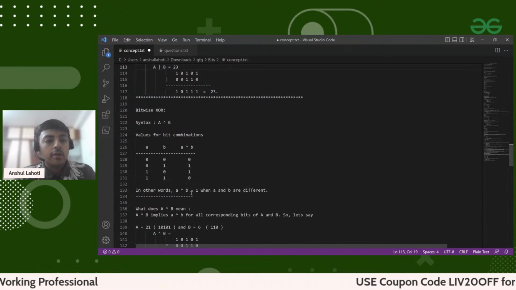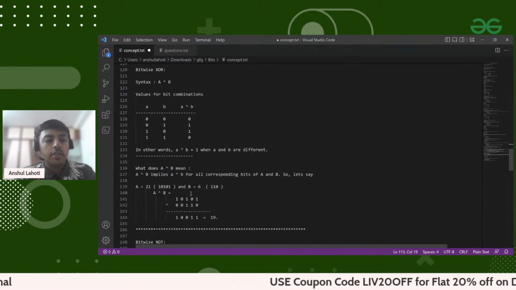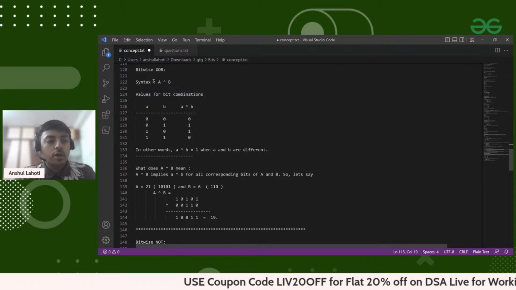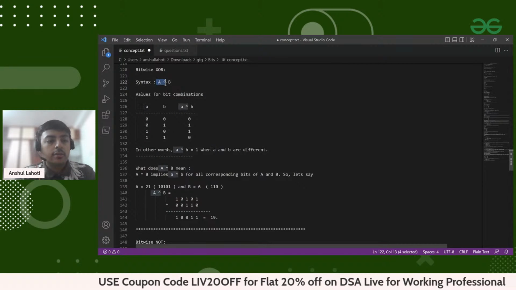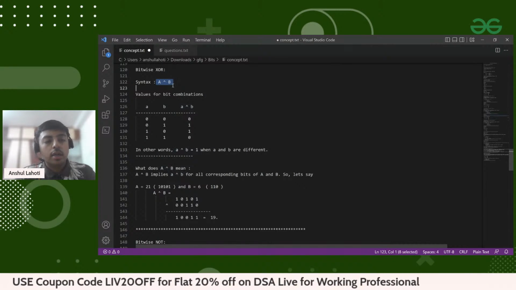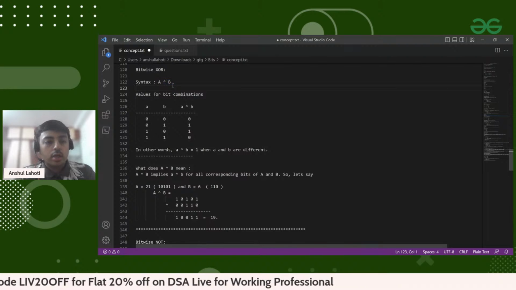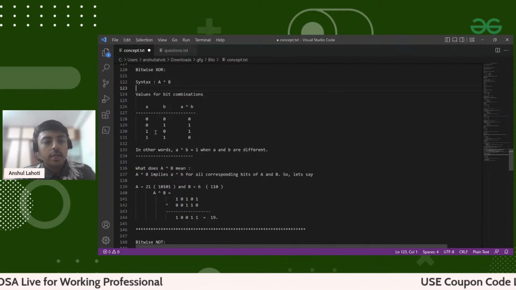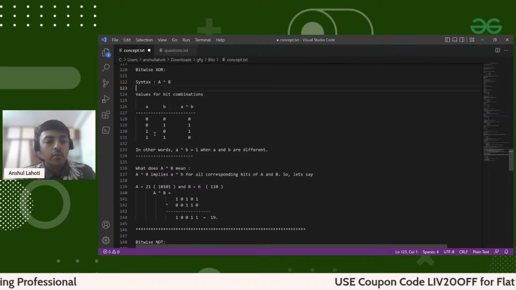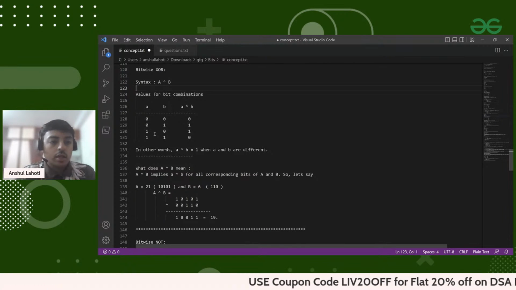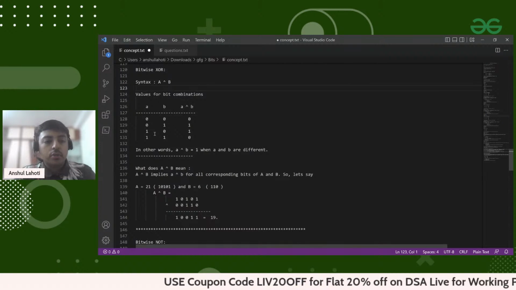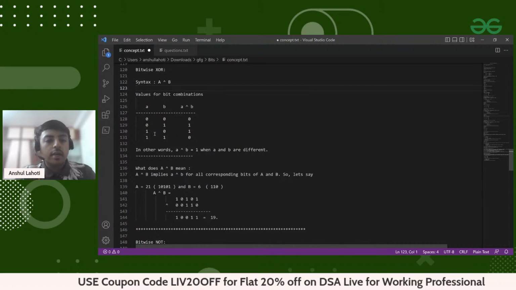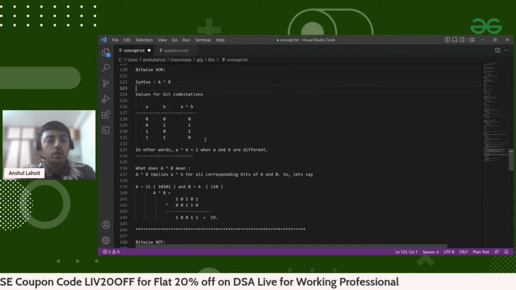Similarly, we have one more operation, bitwise XOR. The syntax for bitwise XOR is A ^ B. Here the combination is like this: if both the bits are the same, then it will be 0, and if both the bits are different, then it will be 1. This is the meaning of XOR.